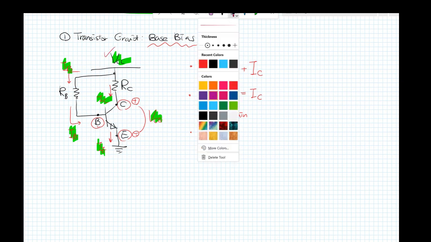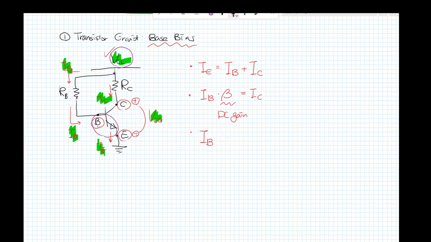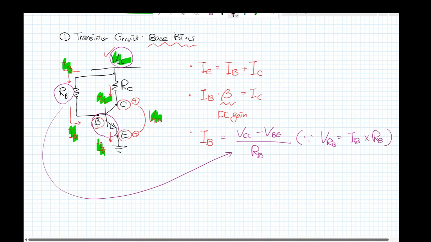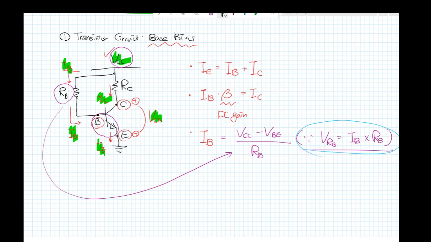I'm going to rewrite it here: V sub CC minus V sub BE, for the second approximation, divided by the resistor of the base side, because V sub R sub B is I sub B multiplied by R sub B. And we learned before that V sub BE is 0.7 volt for the second approximation.